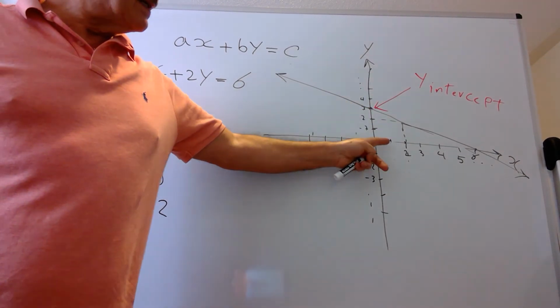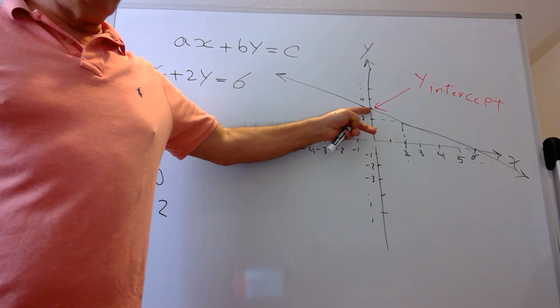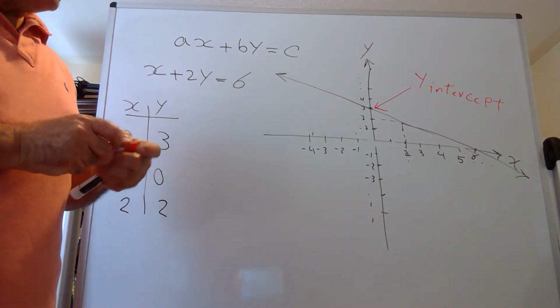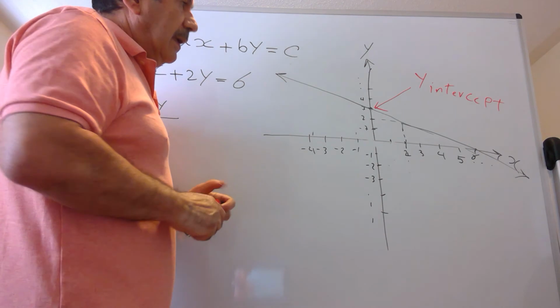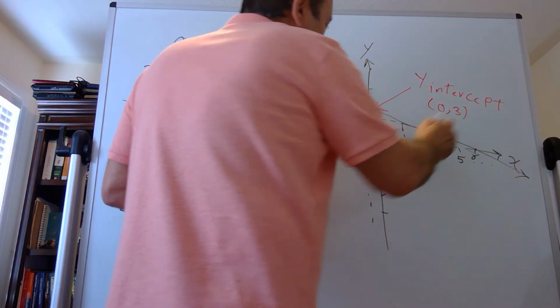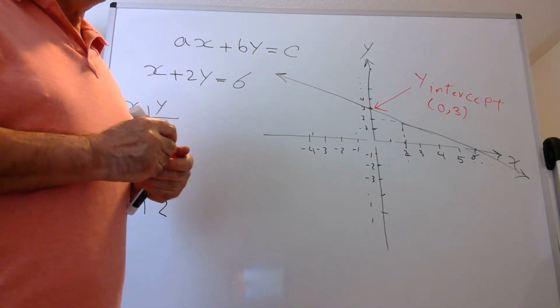In the y-intercept, the value of x is always 0, and y has some value. As an example, in this one, x is 0 and y is 3. Because look here, this is the x value, which is 0.